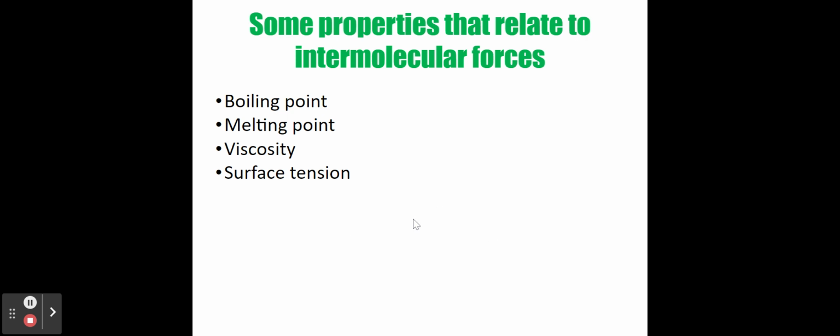This is why when you dive into water, you break the surface and you're able to go in without much pain. But if you do a belly flop, the surface tension is holding you up. This is also why certain light bugs can walk on water, because the surface tension is holding them up.